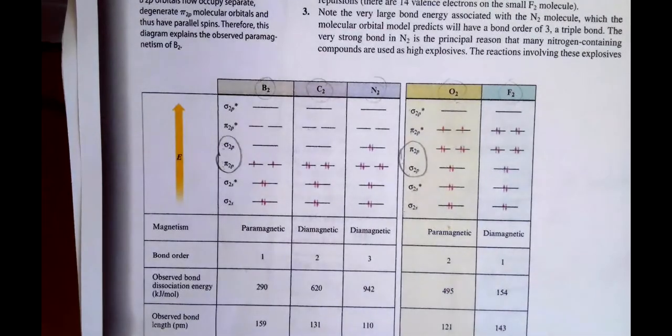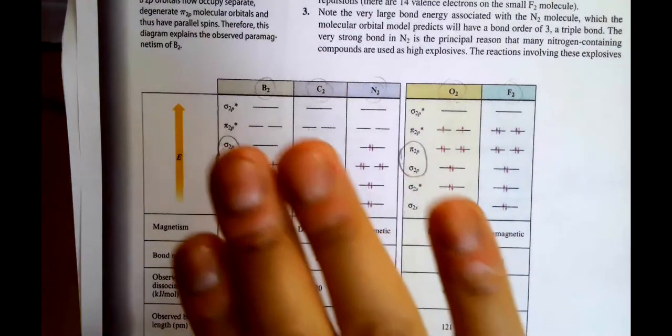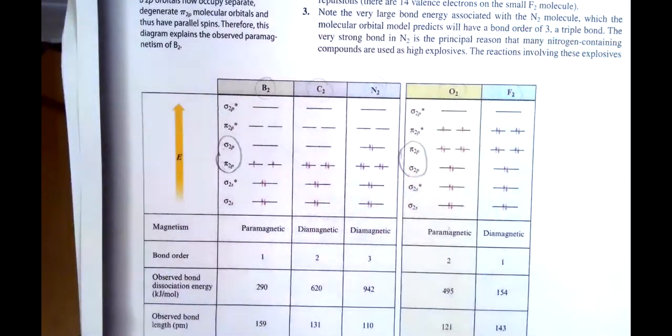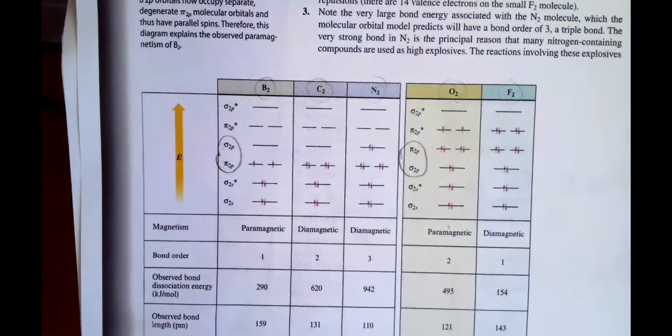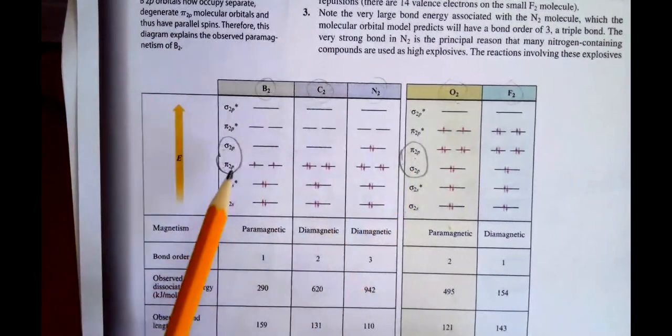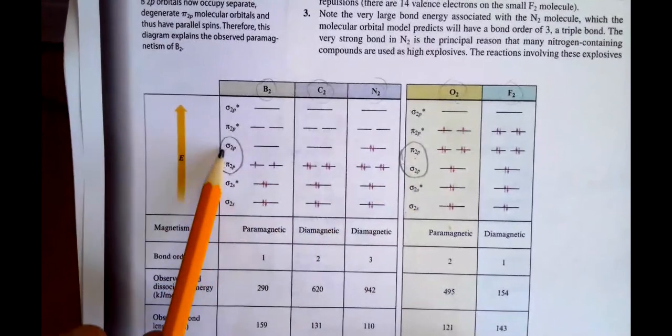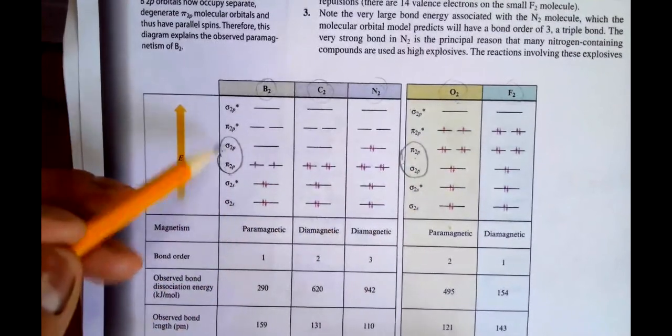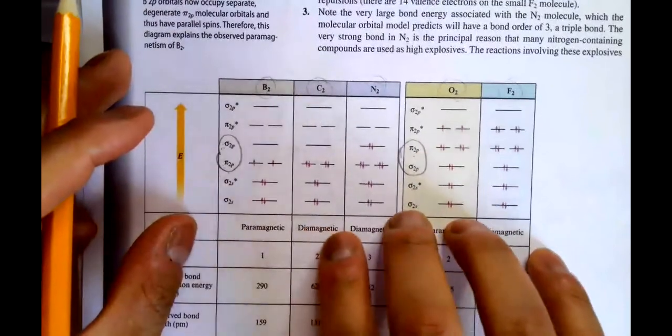So remember that oxygen and fluorine are on the periodic table all the way on the right side, so the orbitals are more electronegative. That electronegativity also creates a difference in the energy. So the sigma, in this case, is lower in energy than the pi. Here, the pi is lower than the sigma. So take that into consideration. Always have this handy.